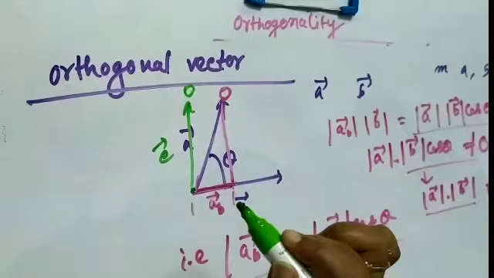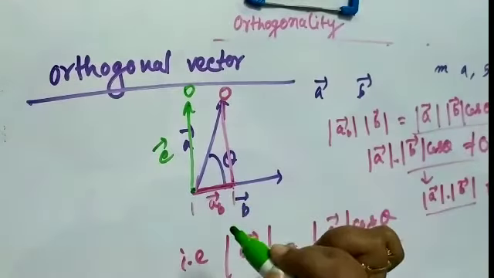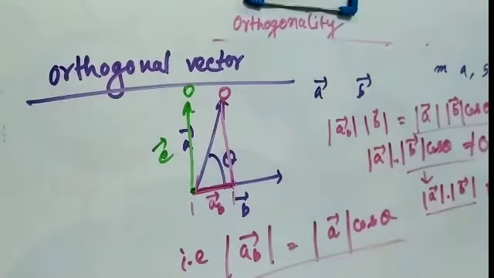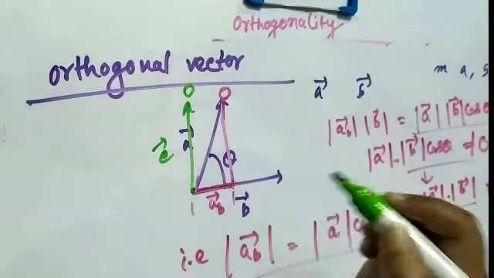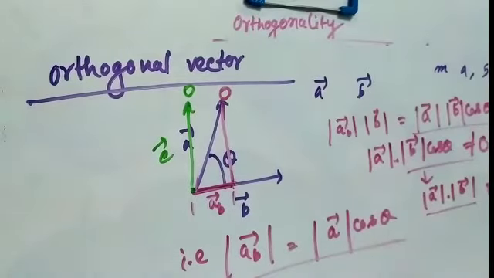Just a point. Therefore, it is a null vector. That is C of B, which is the projection of vector C on B, is a null vector. A null vector represents that the magnitude of this vector is 0. So the projection of vector C on vector B is always 0.